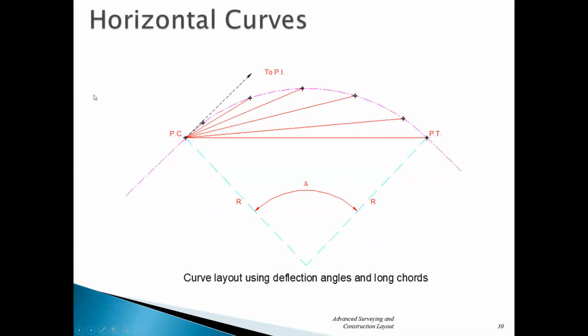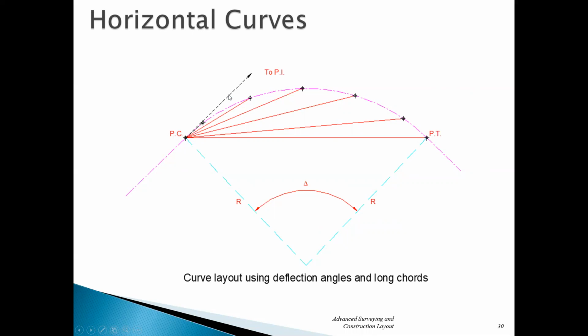This diagram shows an example of using what are called long chords to lay this out. You usually occupy your PC. You could occupy your PT, it really doesn't matter, but let's assume we're occupying the PT. You either backsite the PI or you backsite the tangent.